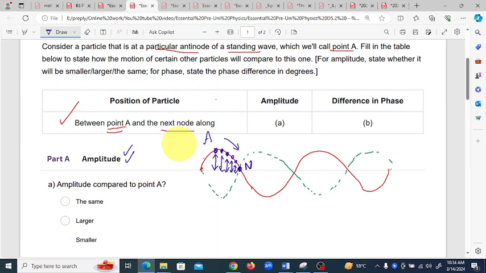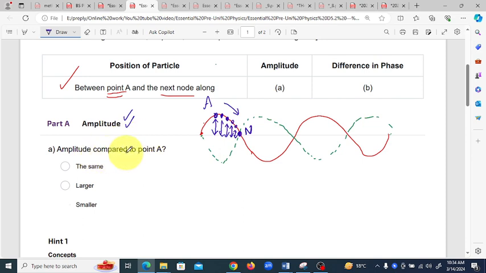So all the other particles except A, from this antinode to the node, have smaller amplitude. So the correct option for amplitude compared to A is smaller. Their amplitude, meaning extreme distance, is smaller.